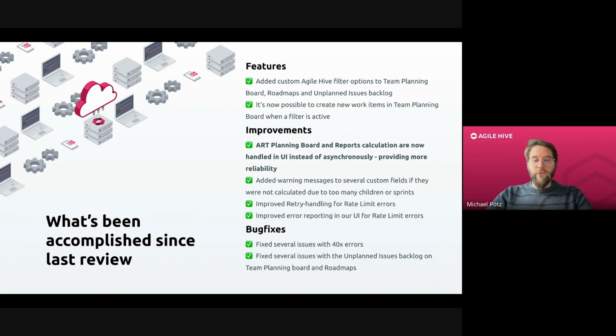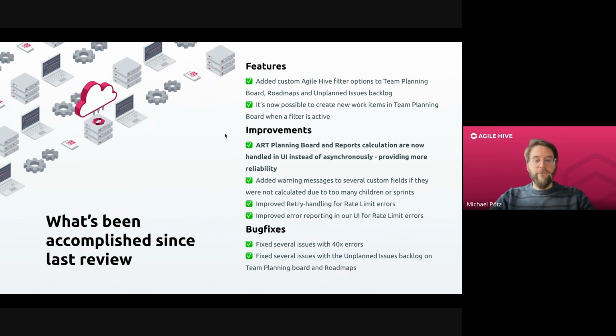So moving over to some improvements. Our ART planning board and also our report calculation are now handled in the UI instead of relying on the asynchronously calculated custom fields that we had before.